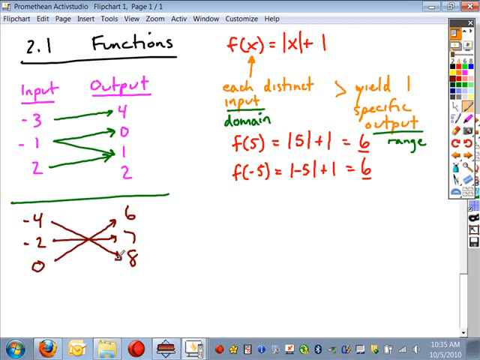Okay, would that be a function? And the answer is yes, because again, there's only one branch from each input. Okay, what about if I added this line? Now is that a function? Now it's no longer a function.